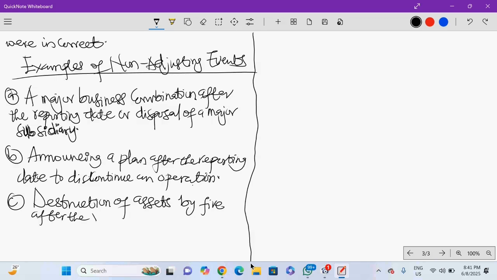Let me add it. So everything is after the reporting date.